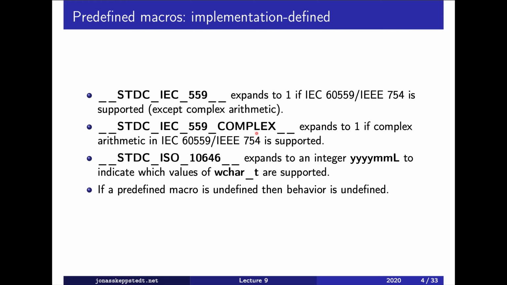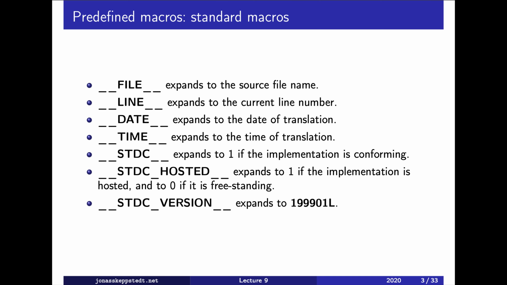It's optional to support complex numbers, and if the compiler supports it, it can be checked with that. And this is to indicate that certain so-called wide character types are supported. We are not allowed to undefine a predefined macro. To undefine a macro, we use hash undef and the macro name, but we are not allowed to do that with any of the predefined ones.